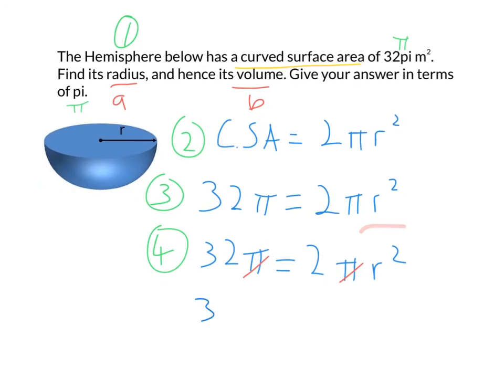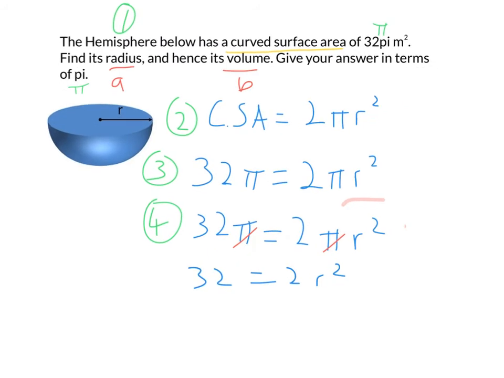This will leave us with 32 is equal to 2r squared. We want to find r by itself, so we need to cancel out the 2. To do that, we'll divide this side by 2. And if we divide the right hand side by 2, we have to do the same to the left.